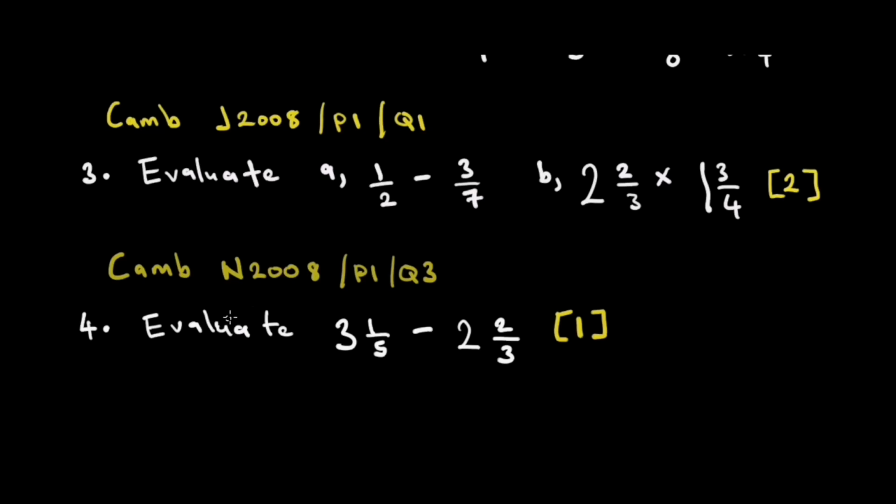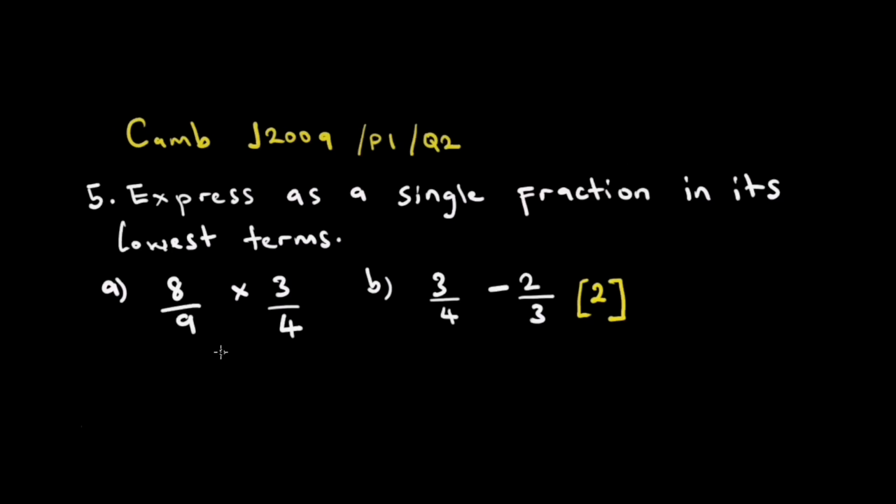Number 4 from Cambridge November 2008 paper 1: evaluate 3 and 1/5 minus 2 and 2/3, 1 mark again. Question 5 from Cambridge June 2009 paper 1: express as a single fraction in its lowest terms. Part A is 8/9 times 3/4. Part B is 3/4 minus 2/3.